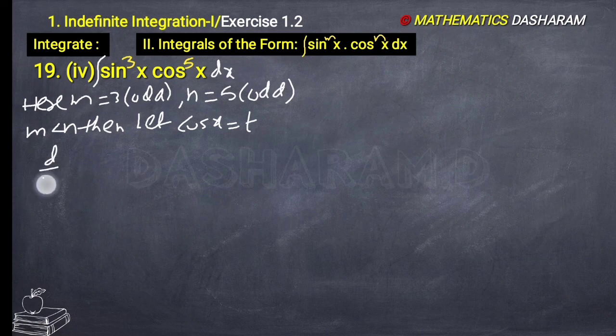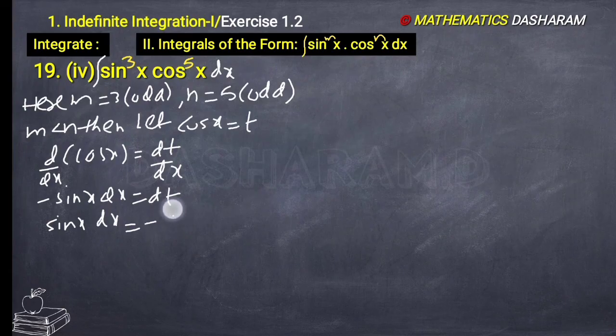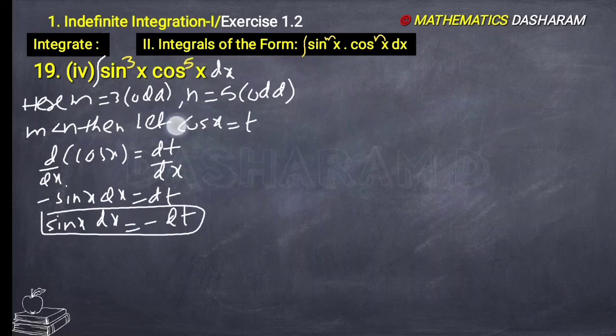Now take the derivative of both sides with respect to x. So dt by dx, so minus sin x dx equals dt, then sin x dx equals minus dt. So we have to substitute these two values in the question.